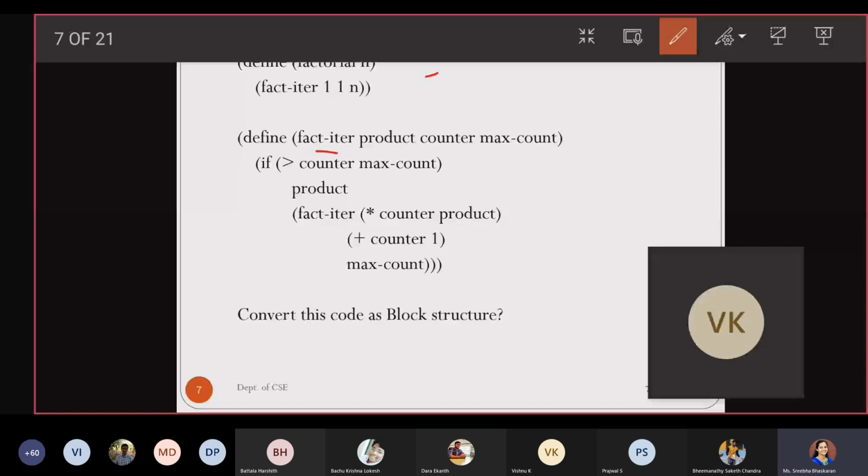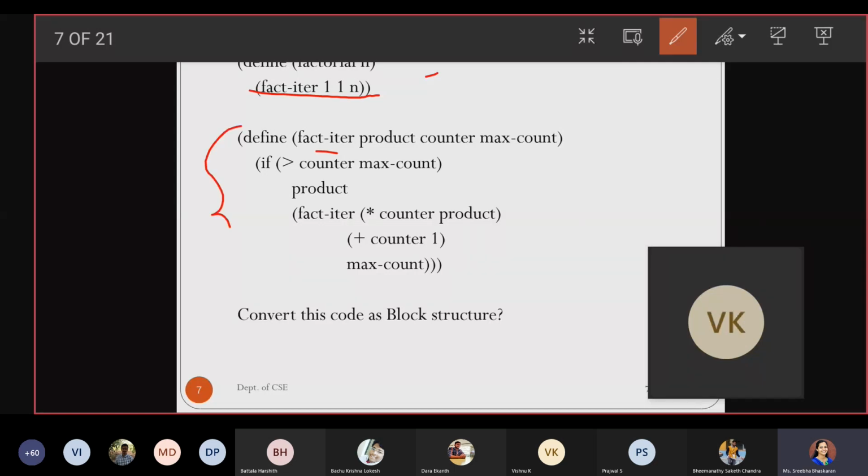If you want to specify that fact ITR should be used only from this factorial procedure, then we have to block it. How can we block it? Instead of writing this procedure here, you start the definition, define factorial, that is the factorial procedure, fact n. After that, you define fact ITR inside the factorial procedure.